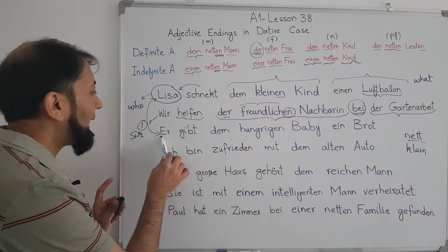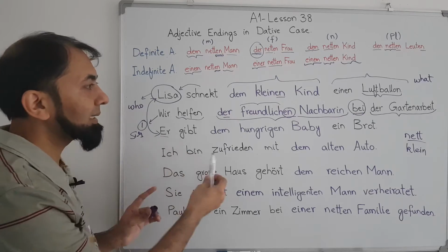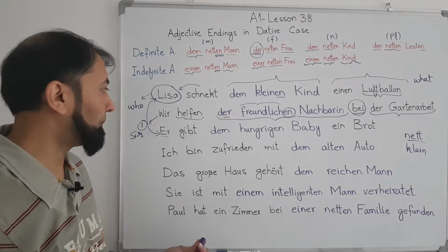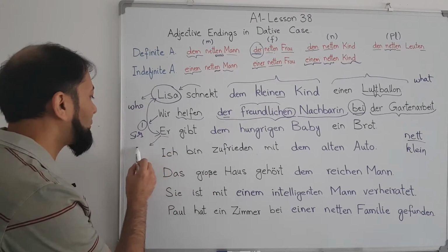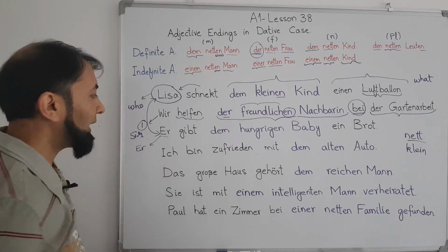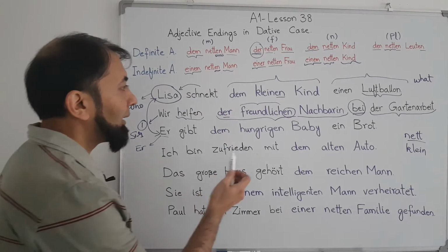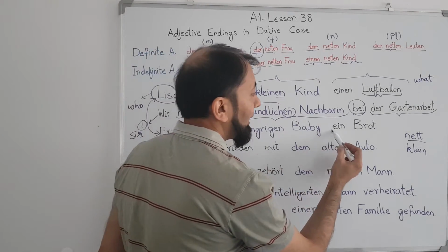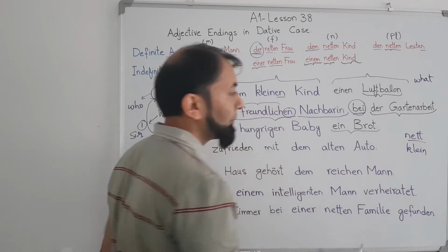Here we are using er, who is giving what to whom. Now he is giving, so er is the nominative case of the sentence. What is he giving? A bread, ein Brot.